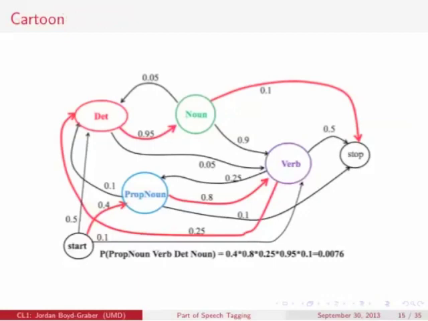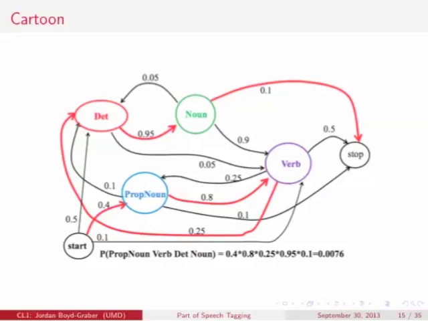So here's a cartoon example of that. We start in a start state, and in our start state we have some probabilities of transitioning to other states. We have a 0.5 probability of transitioning to determiner, a 0.4 probability of transitioning to a proper noun. Let's say that we do that. Once we're in the proper noun state, we have a 0.8 probability of transitioning to the verb state.